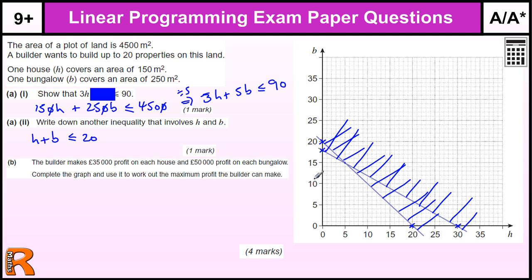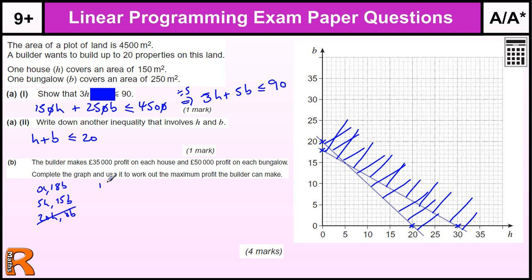So we could look at the point 0, 18, so that's 0 houses, 18 bungalows. We could look at the point 5 houses and 15 bungalows, and the point 20 houses and 0 bungalows. Now we make more profit on each bungalow than we do houses, so we can pretty much rule that one out. It's just going to be between these two.